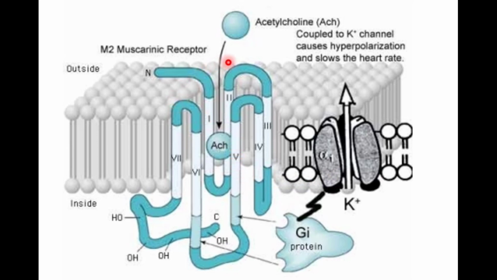When M2 receptors are stimulated, the G protein activates the potassium channel on the SA node. Outflow of potassium ions causes hyperpolarization and slows the heart rate.